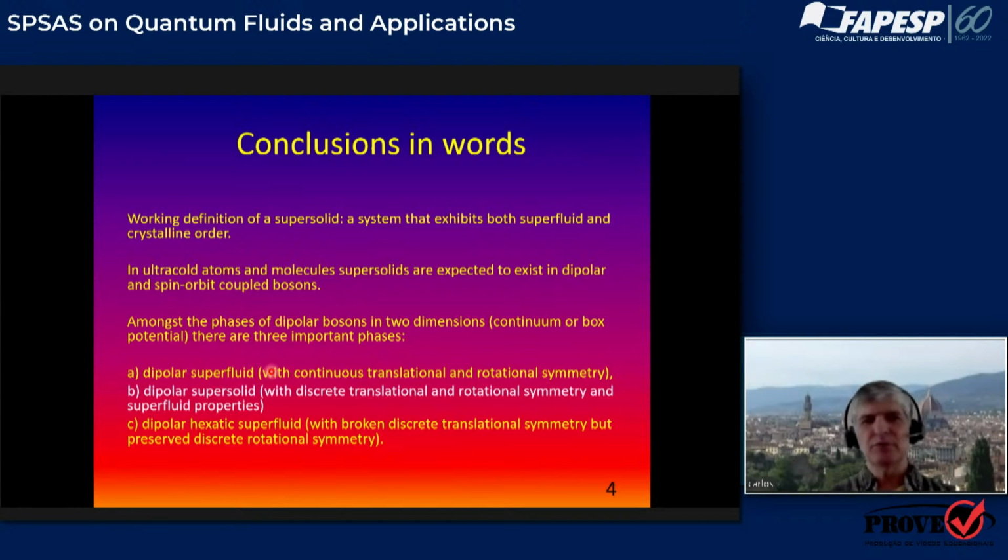A dipolar superfluid, which you already know exists, which has continuous translational and rotational symmetry. A dipolar supersolid phase, which has discrete translational symmetry and rotational symmetry, but also superfluid properties. And a third phase, which we call dipolar excitic superfluid, which has broken discrete translational symmetry, but preserved discrete rotational symmetry.